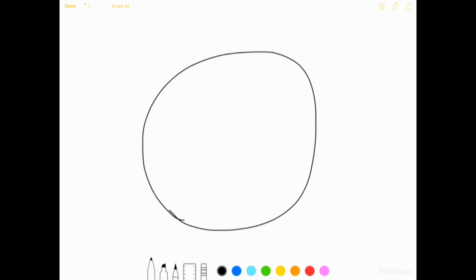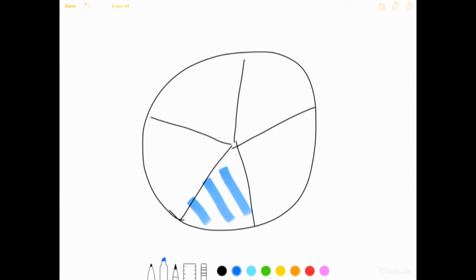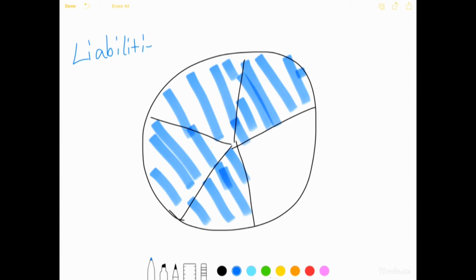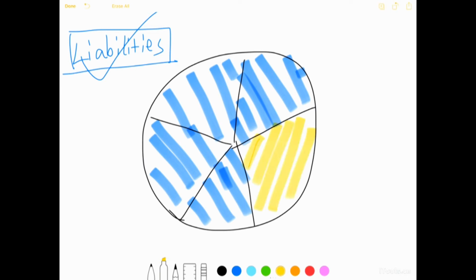So think about that. You have a pie, and the pie is your asset. But according to the law, the creditors are going to take the first bite of the pie, and second bite, or third bite for that matter. In other words, until your liabilities are paid off completely, what is left over in that yellow area is your equity.